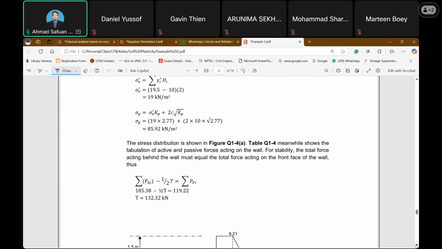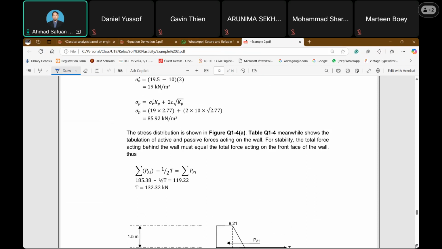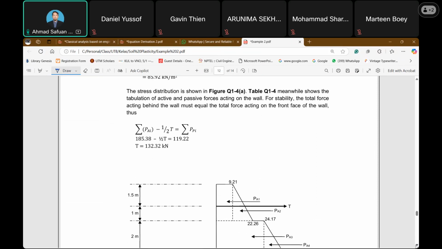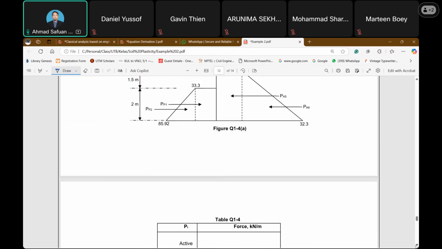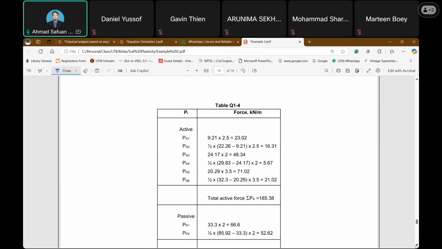So the stress distributions are shown in figure Q1 4A. When we deal with a lot of areas of pressure, it's better to put in a table.